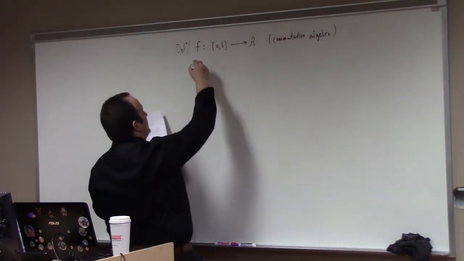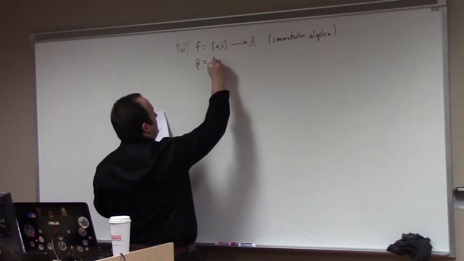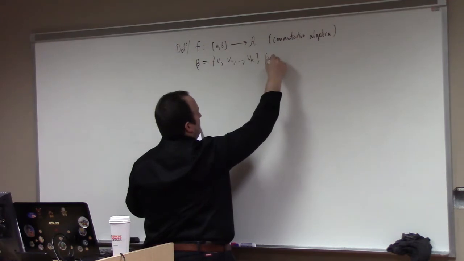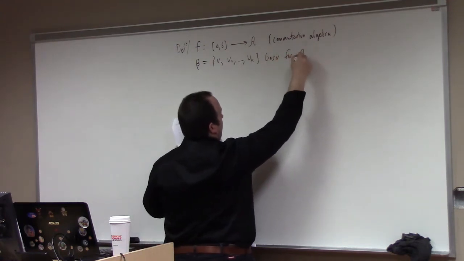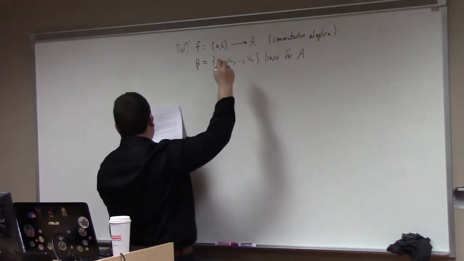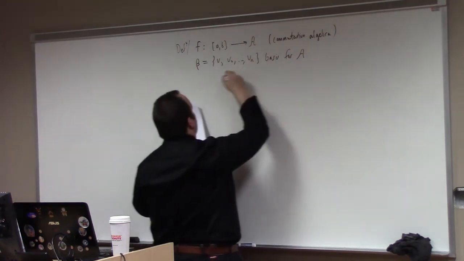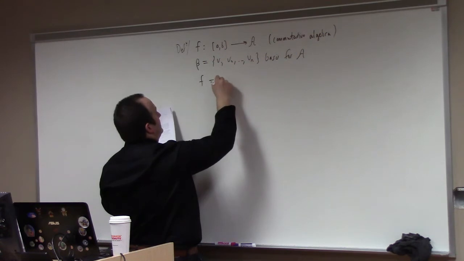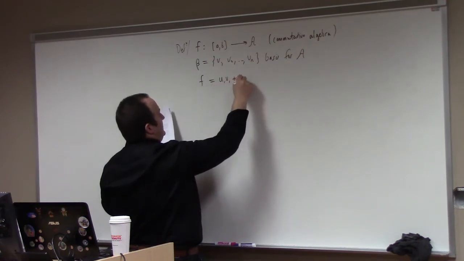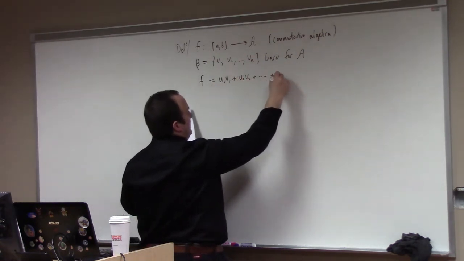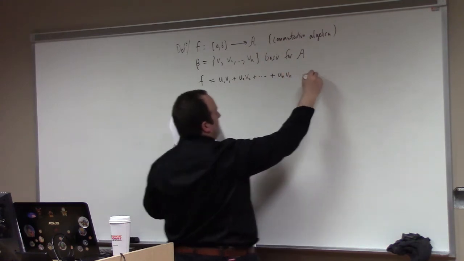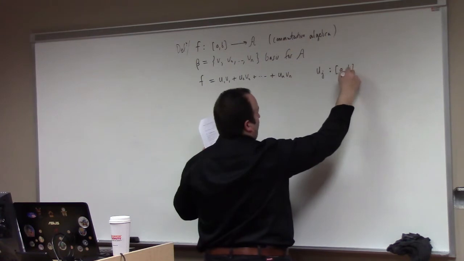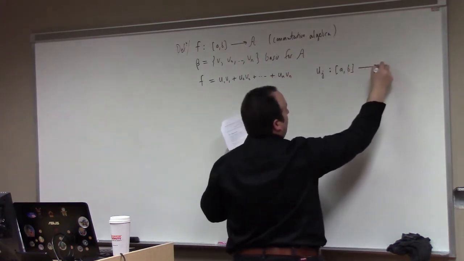And we'll suppose beta, v1, v2, through vn, is a basis for A. And we'll have component functions. So f will be equal to, say, u1 v1 plus u2 v2 plus up to un vn. So here, the u sub j are what? These are real valued functions of a real variable. Okay?